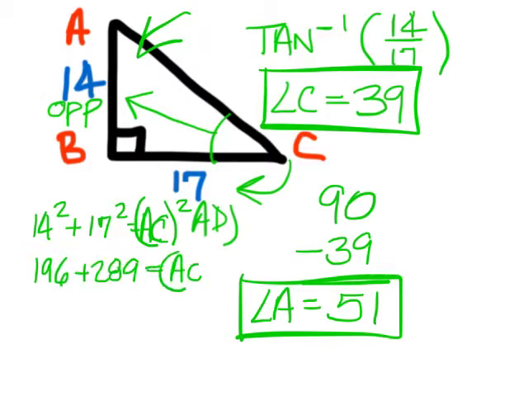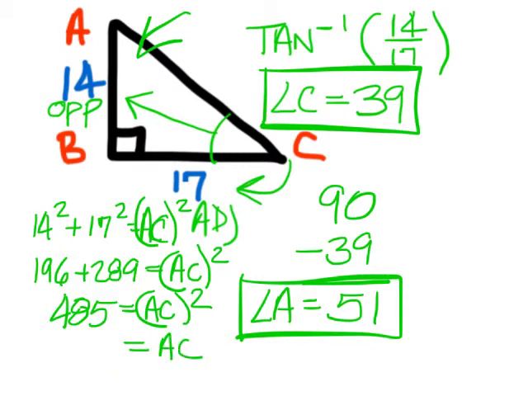You have to add those together. 196 plus 289 is 485. And 485, you must find the square root of that to get the value for AC. Square root of 485 is 22.0, rounded to the tenth place.